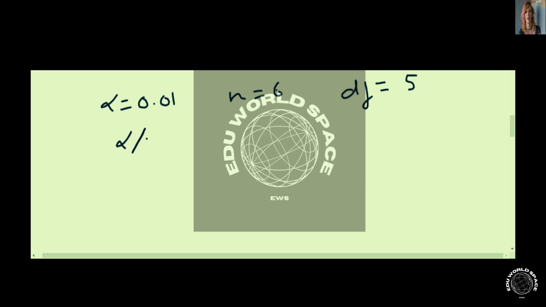Alpha by 2 here would be 0.01 divided by 2, and that would be 0.005. 1 minus alpha by 2 would become 0.995. Now we have alpha by 2, 1 minus alpha by 2, and the degrees of freedom.